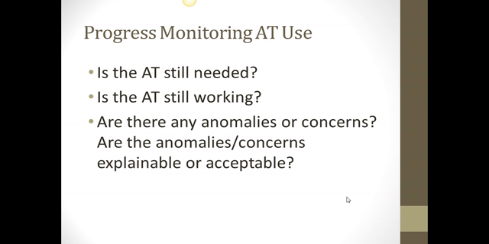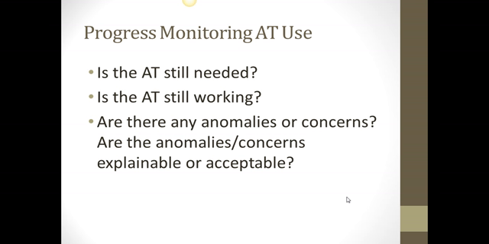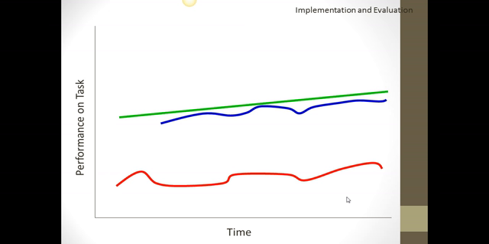So let's go back to our questions real quick. Is the assistive technology still needed? Yes. The student is unable to perform at the expected performance level without the assistive technology. Second question, is the assistive technology still working? In this scenario, yes.